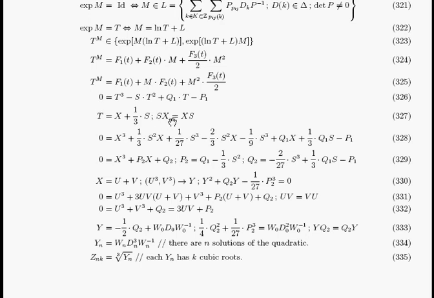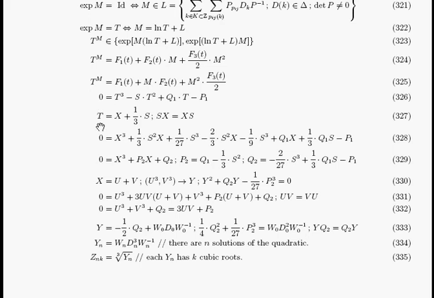We're going to the commutator. Suppose SX equals XS. Suppose UV equals VU. Suppose YQ2 equals QY. And go ahead. Let's use Cardano to solve T3 minus S T2 plus Q1 T minus P1 equals 0. These are n by n matrices.